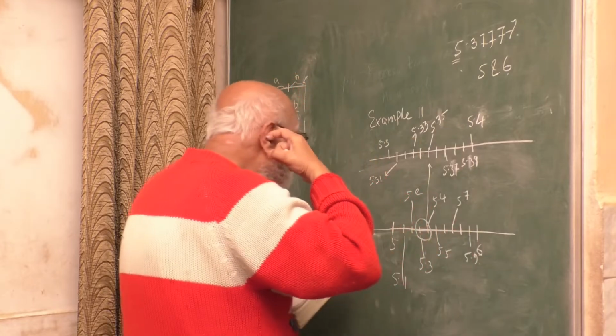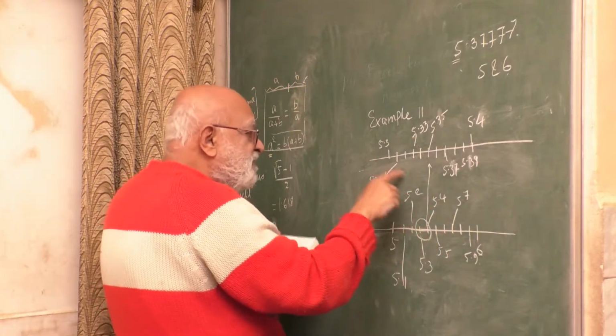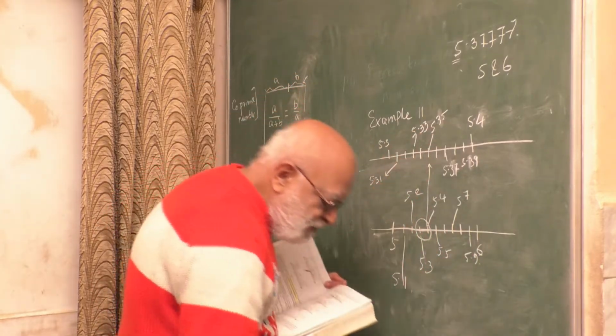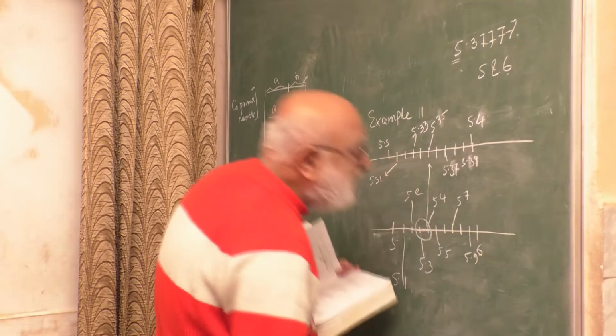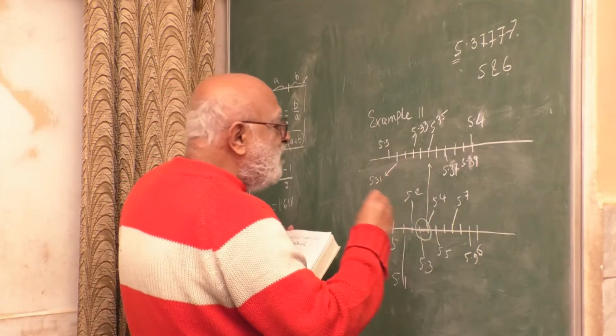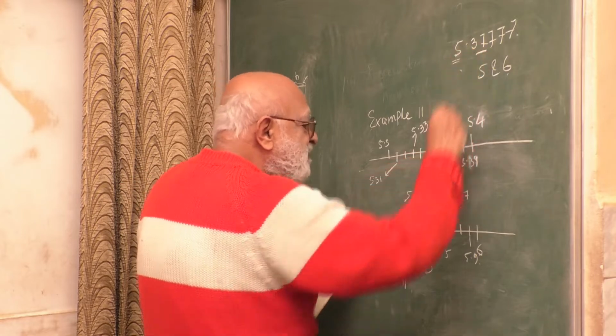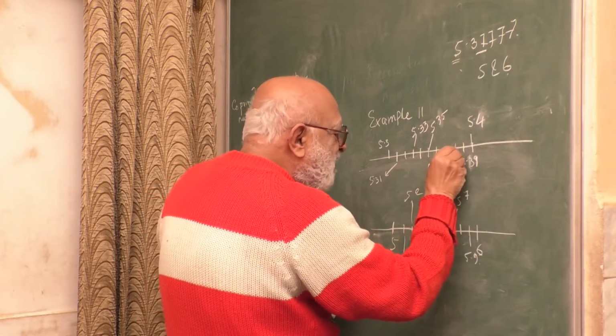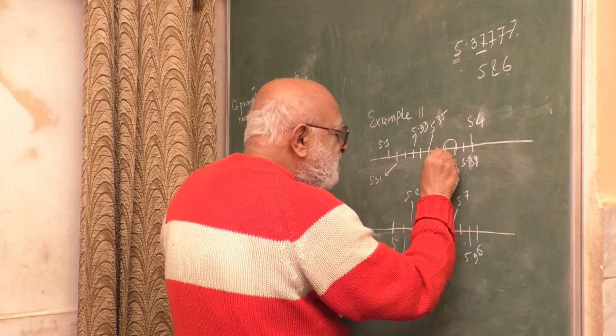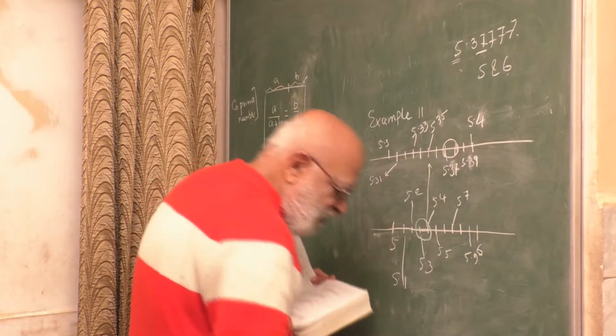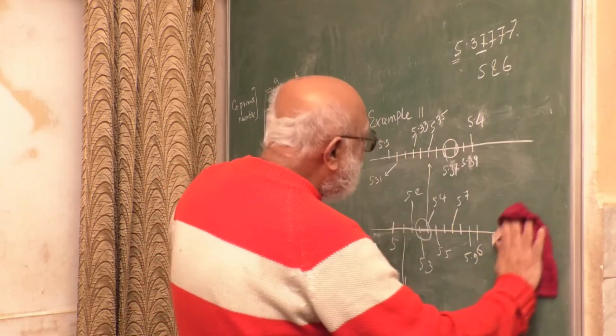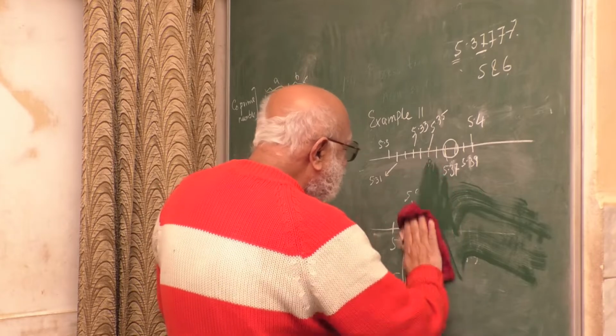Remember, you are dividing between this. Now I have to pick up between 5.37 and 5.38. This one I will pick up and then again subdivide.